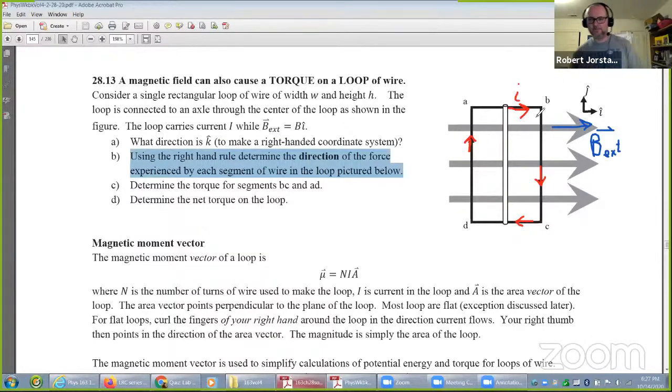There's the current. Okay. What's the direction of force experienced by each segment? So let's start with AB. What's the force on segment AB due to the external field?